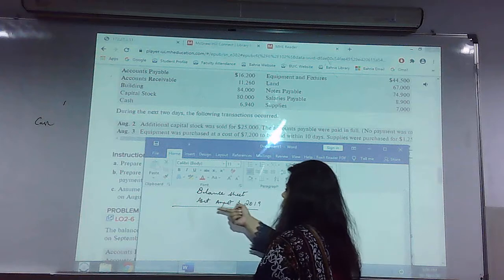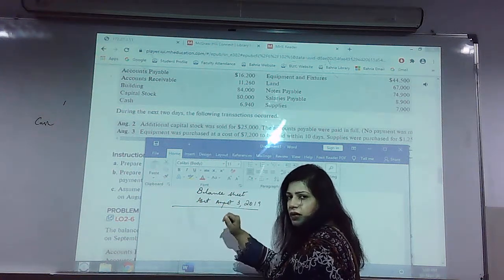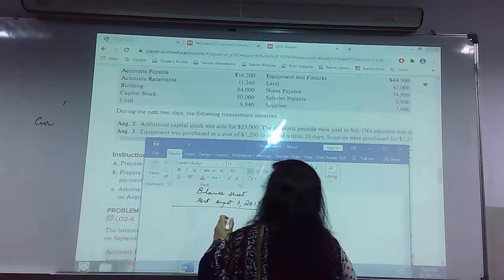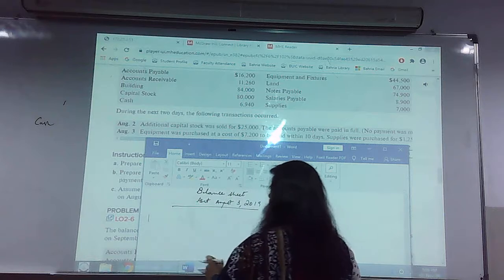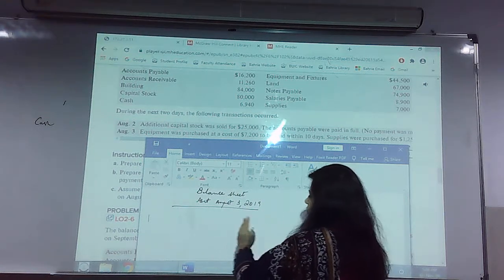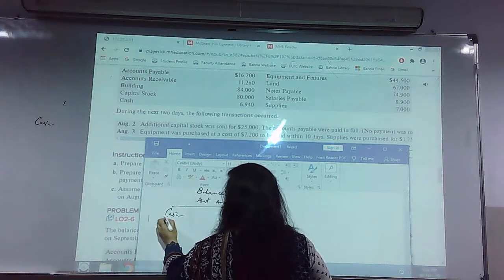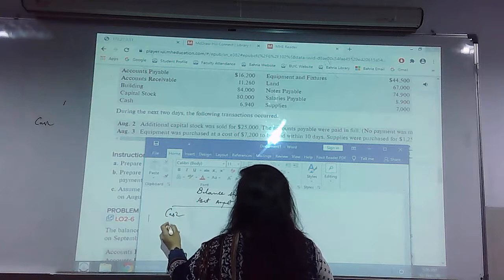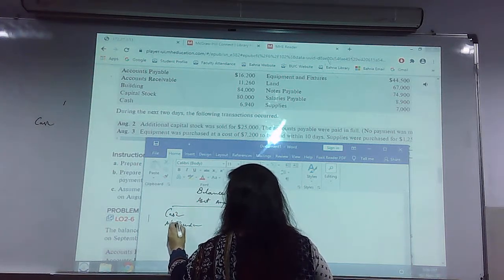Remember that you write this as at, but for the income statement you write for the year. Since I'm putting it in the statement form, you can determine from this how you're supposed to do it. So it's cash first, then accounts receivable.